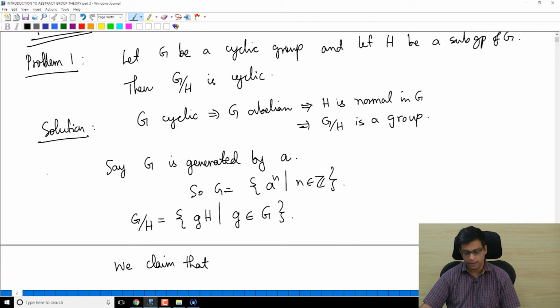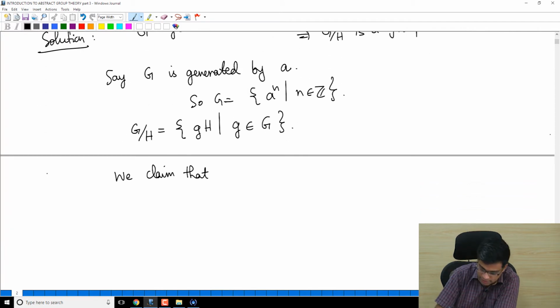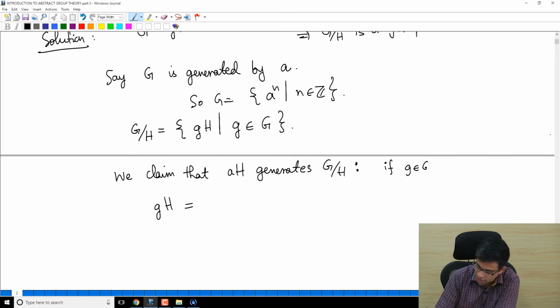If G is generated by a, aH generates G mod H. And this is easy because you take gH for g in G. If g is in G, write g equals a to the n for some n, right?